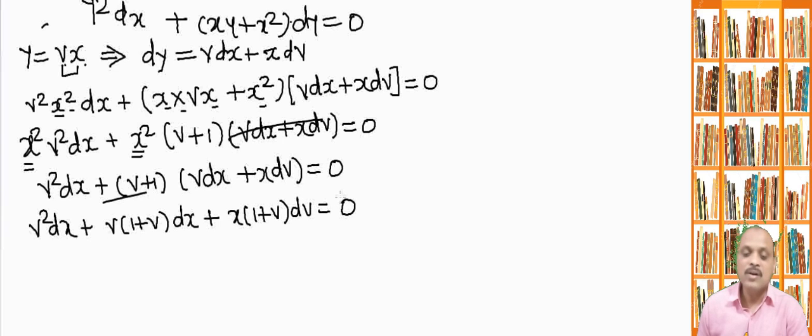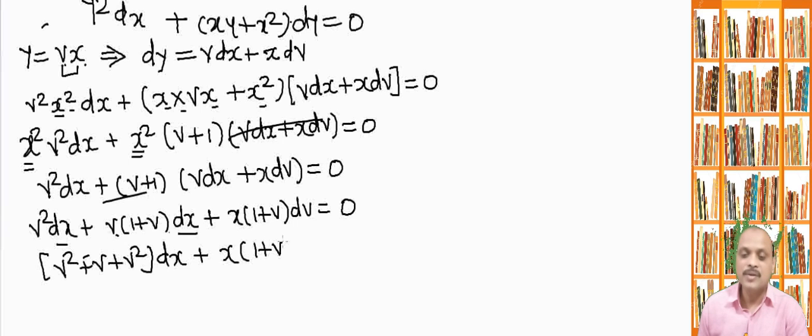So here you can see that we have dx and dx. Now take dx common and we get v square plus v square into dx plus x into 1 plus v into dv equal to 0, right? Now we separate variables, that is divide by this term.